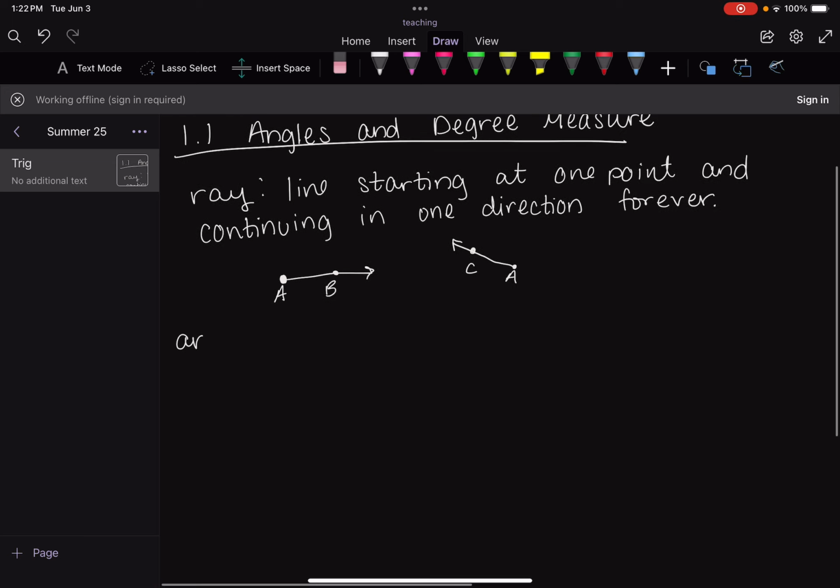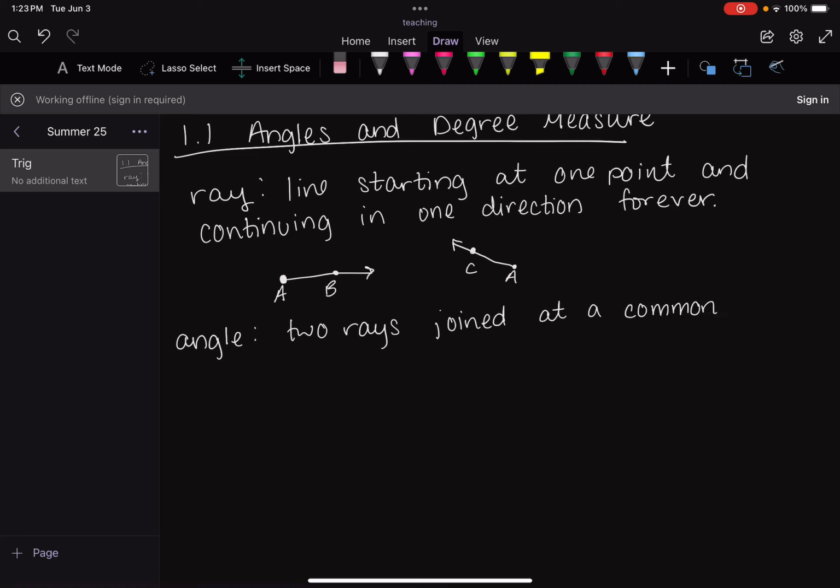Now an angle is two rays joined at a common end point, and we call that common end point the vertex.